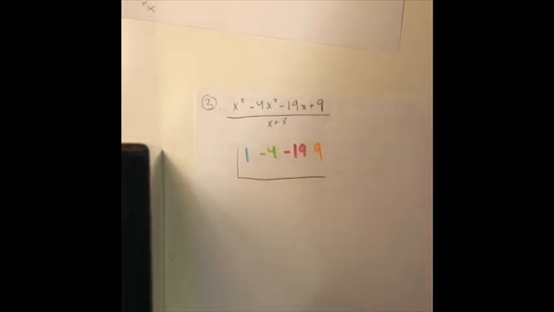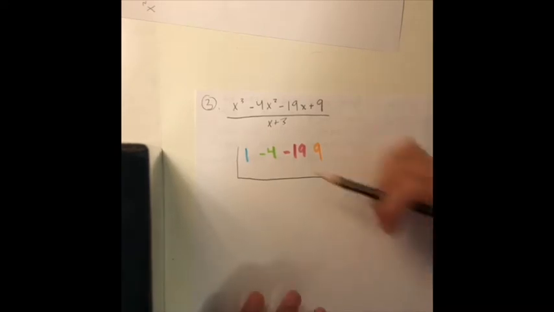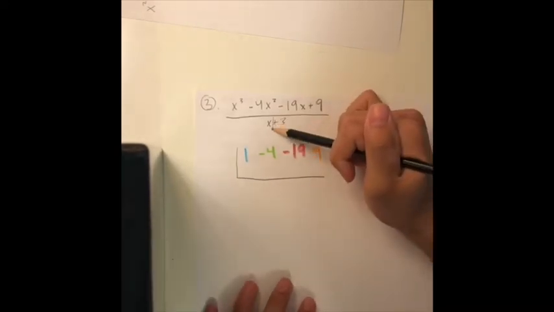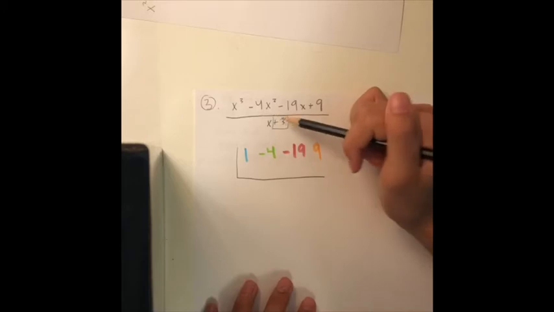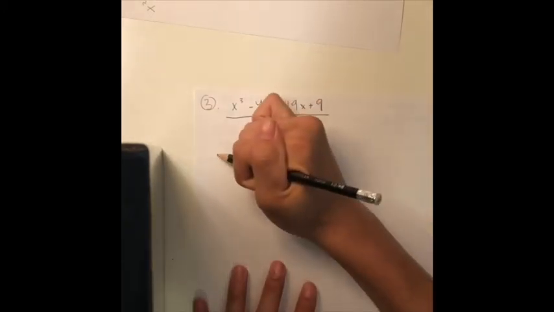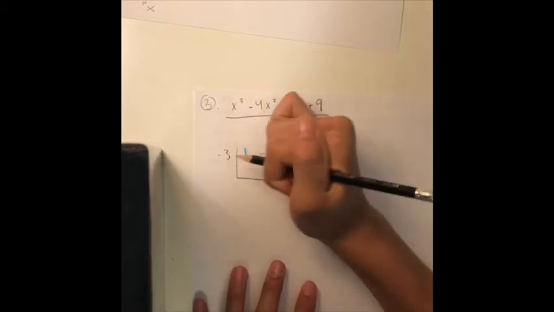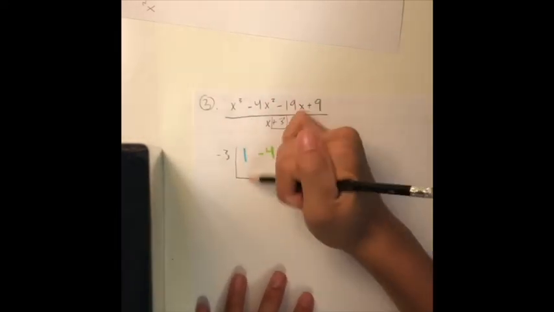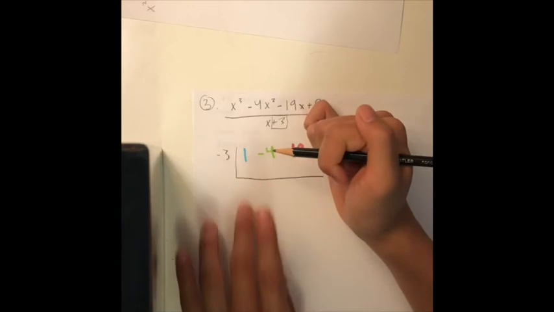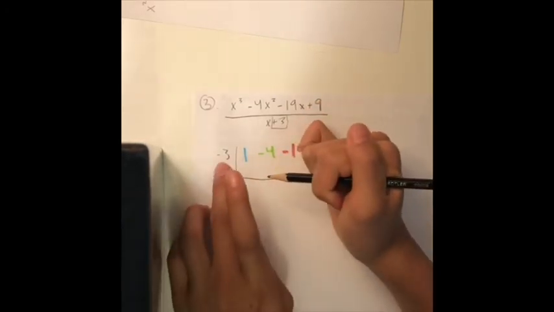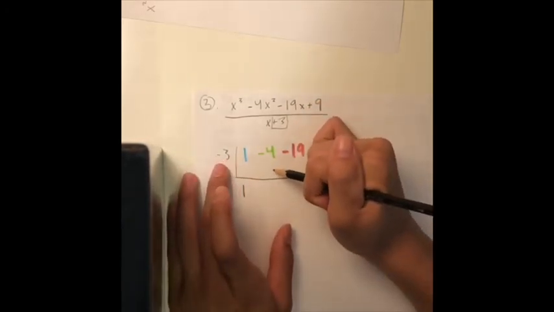Okay. Now what we're going to do is take the negative of whatever this is, and the negative of 3 is -3, so we're going to put it on the outside. And then next we're going to drop the 1. We aren't going to do anything, we're just going to drop it. Multiply it by -3. 1 times -3 is -3.